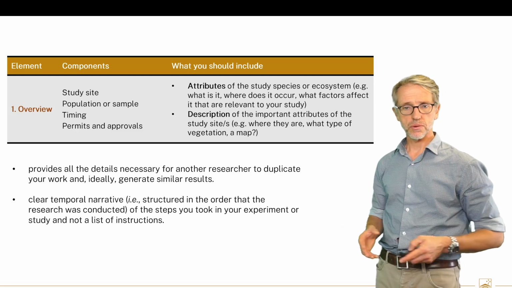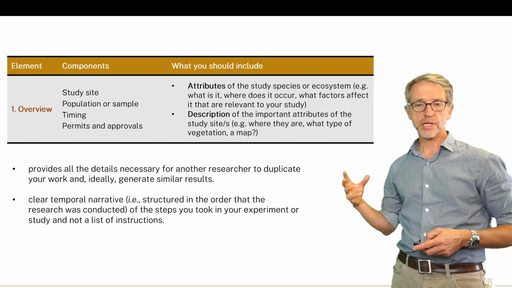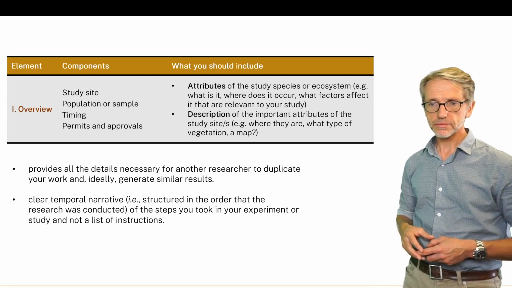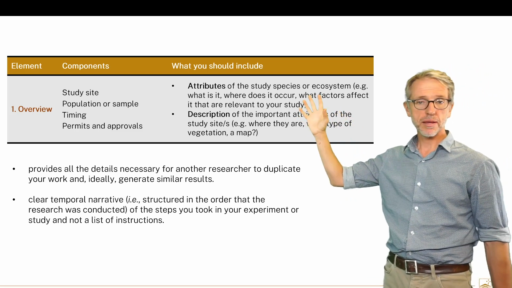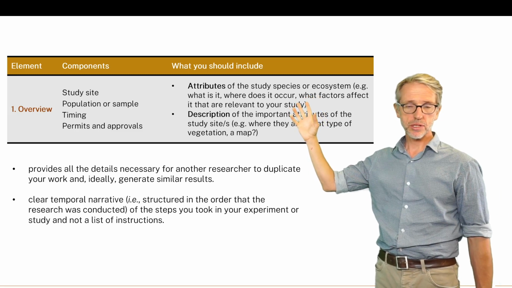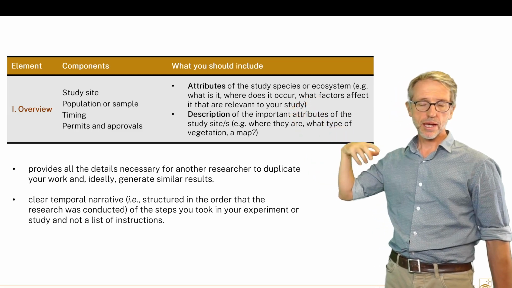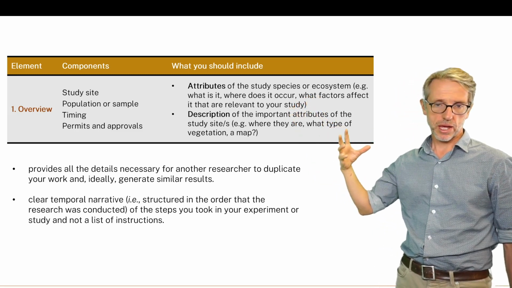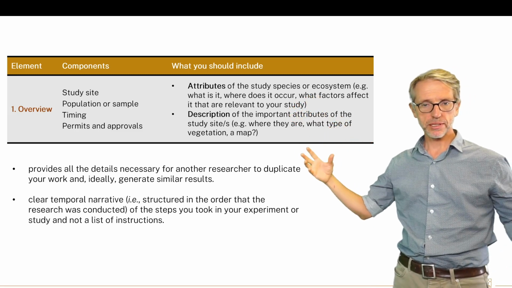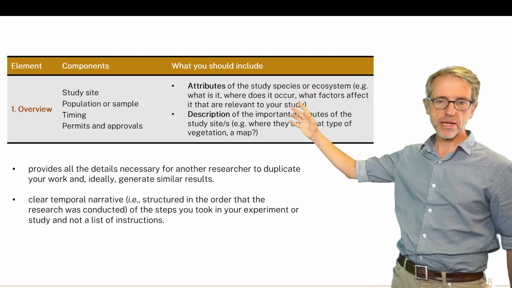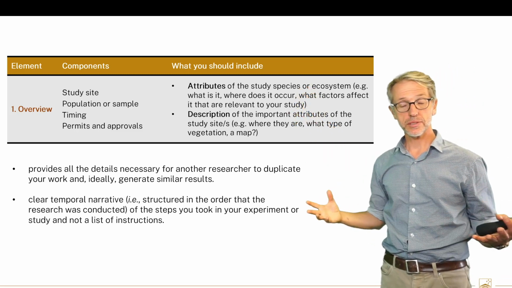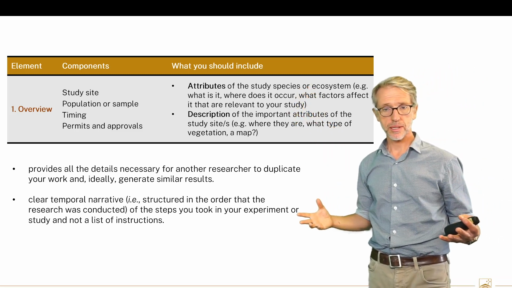So the overview. You've seen the content on the previous slide. The overview gives the reader the basic big picture elements to the study. It outlines where and what in big terms, what species, and then describes the big elements to the ecosystem perhaps that you're working with.